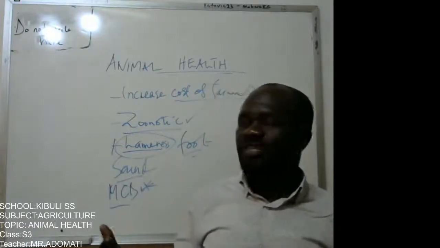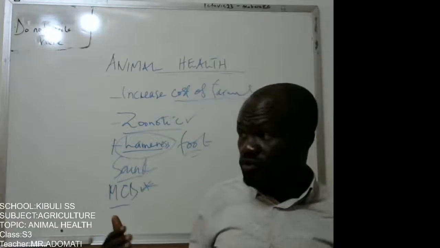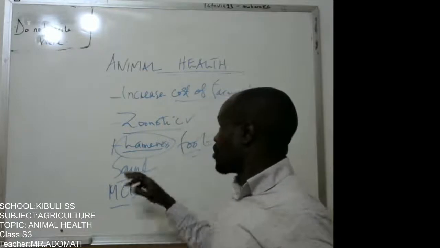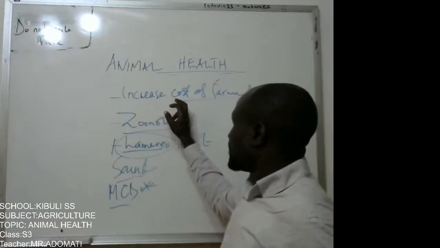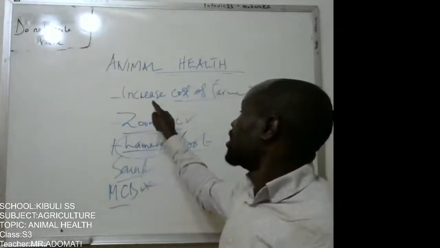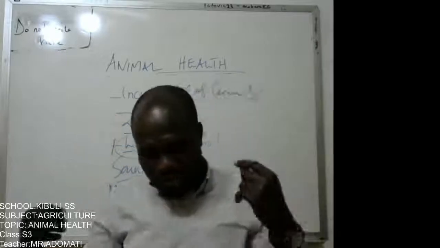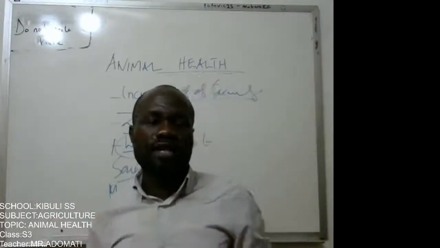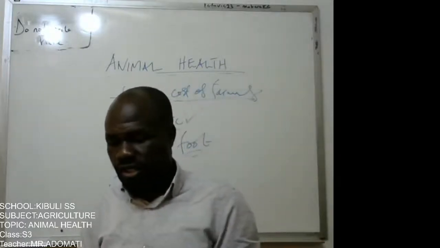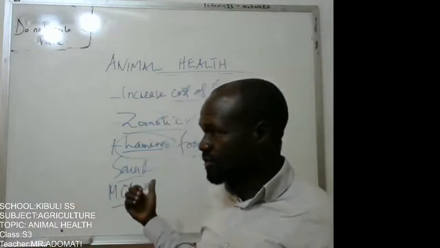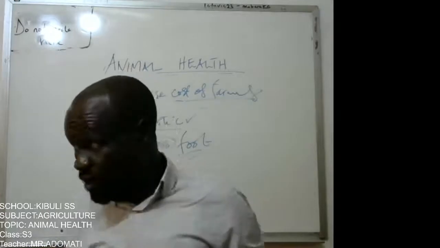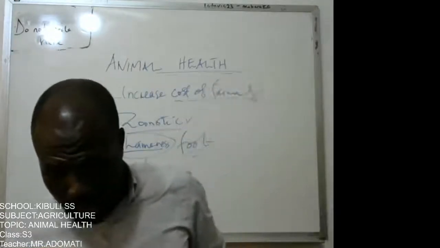You may be hiring an expert, maybe a vet doctor, to come to your farm to ascertain the condition of your animals. As a result, you're spending a lot of money, and you're increasing the cost of farming. And once the cost of farming increases, your profit levels are going to reduce because you're spending a lot. So your profit margin, or what you would call the gross margin, is going to be reduced. We shall be understanding more about profitability in our agricultural economics.